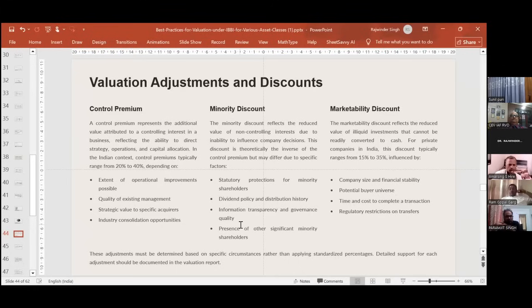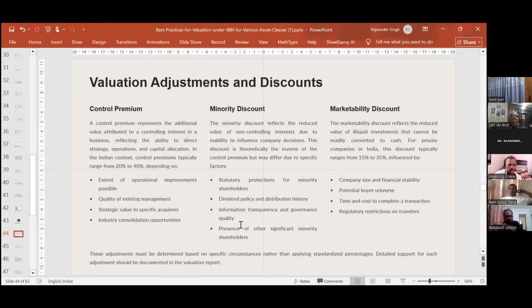In the Indian context, control premiums may typically vary from a range of 20 to 40%, depending upon the extent of operational improvements possible, quality of existing management, strategic value to the specific acquirer, and industry consolidation opportunity.